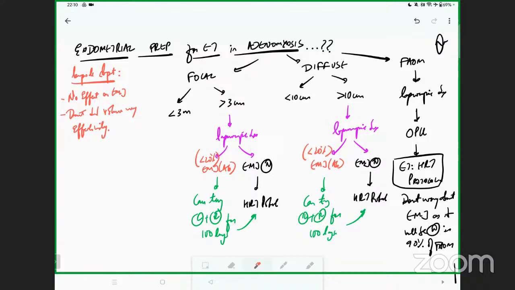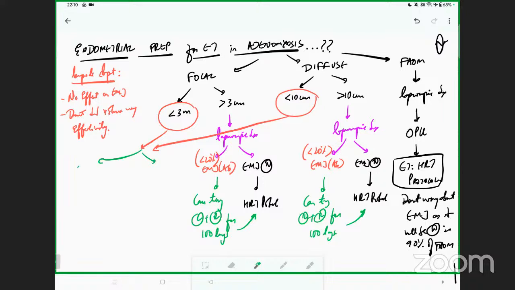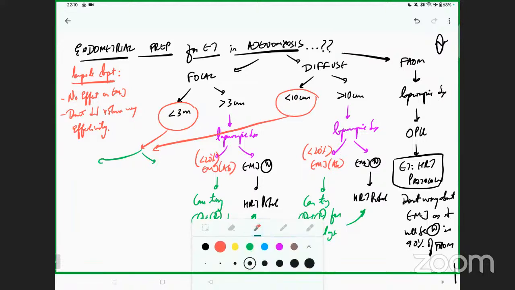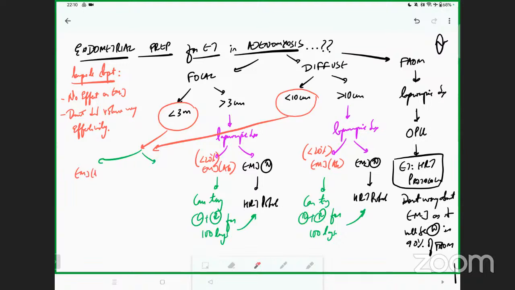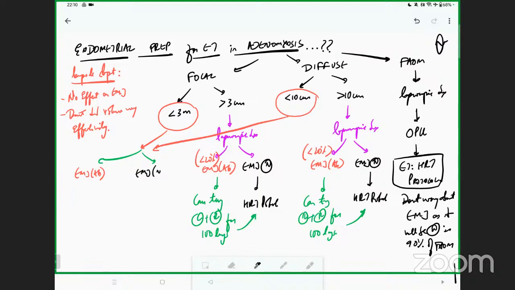All right. And now we finally come to what we do in focal adenomyosis less than 3 centimeters, diffuse adenomyosis less than 10 centimeters. How do we go about these two people? So let me just club both of them together. Again, in this situation, your breakups are going to be very, very simple. Is the endometrial myometrial junction, sorry, I was supposed to put it in red color, abnormal or is it normal?